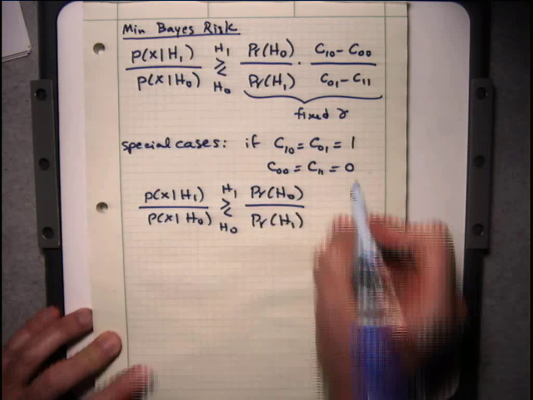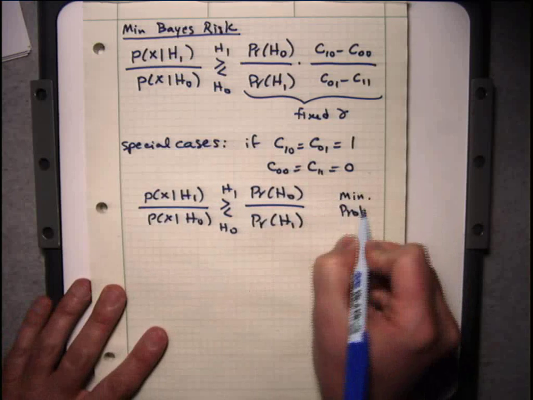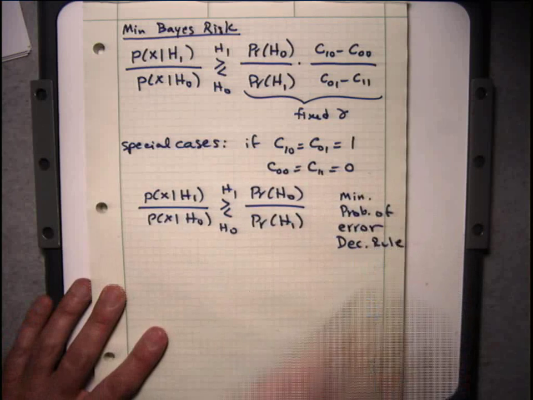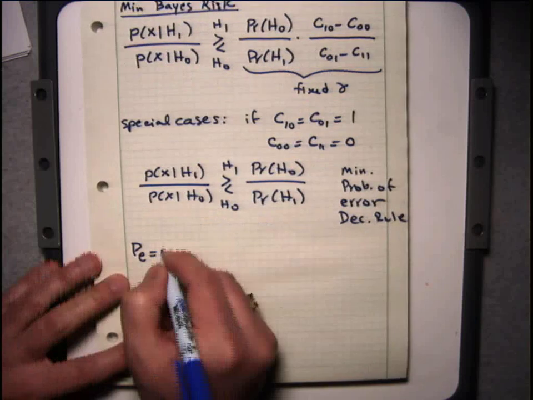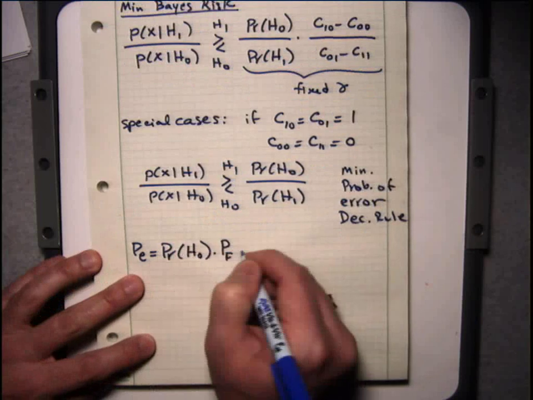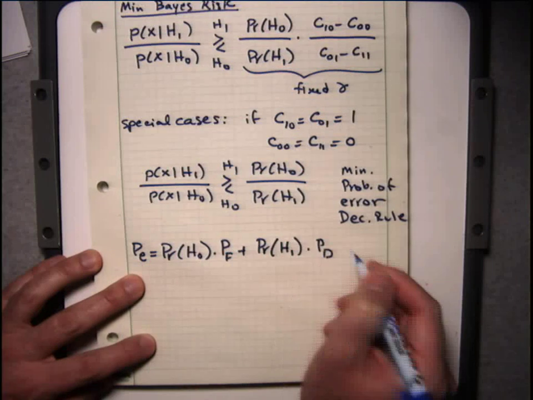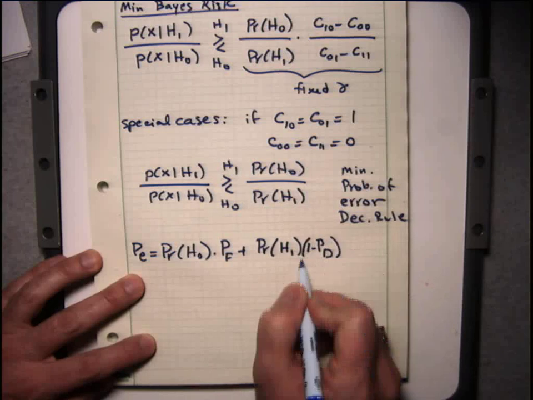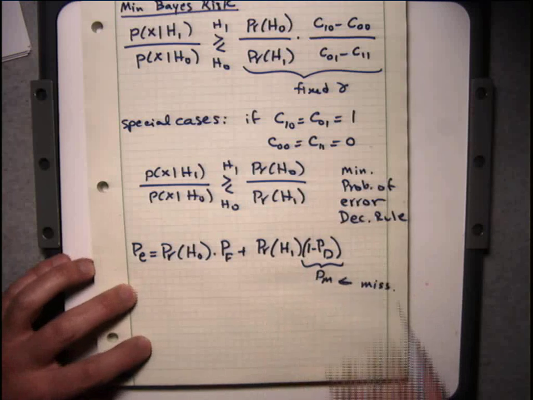And this, if you recall, was the minimum probability of error decision rule, or detection rule, where the probability of error we defined as probability of H0 times the probability of false alarm plus the probability of H1 times 1 minus the probability of detection, and this is what we call the probability of miss, so misdetection.